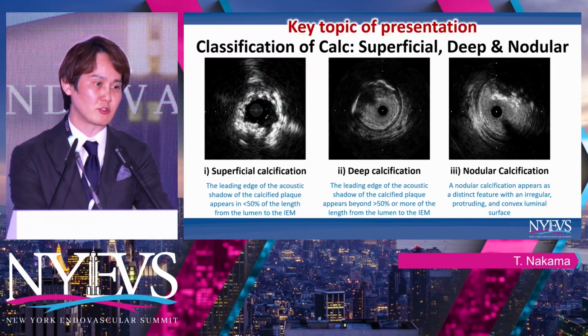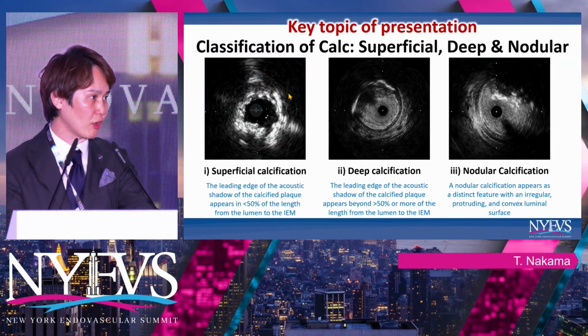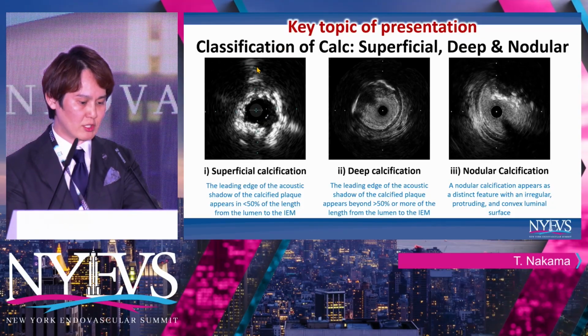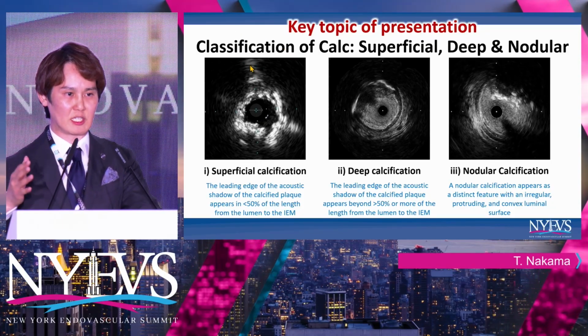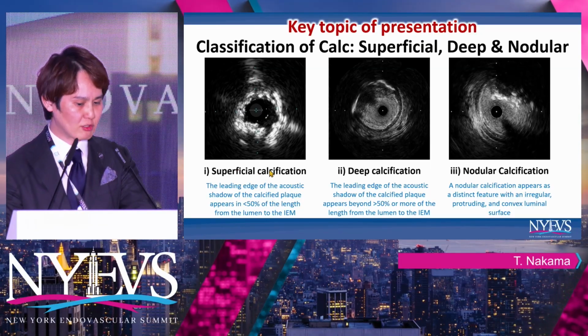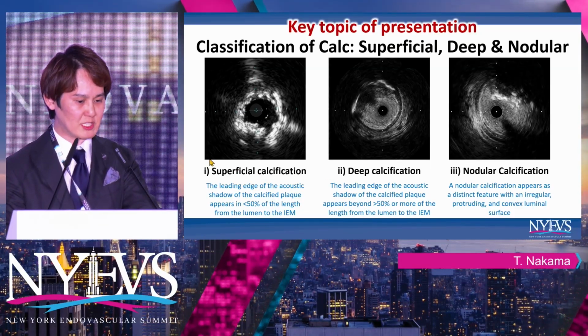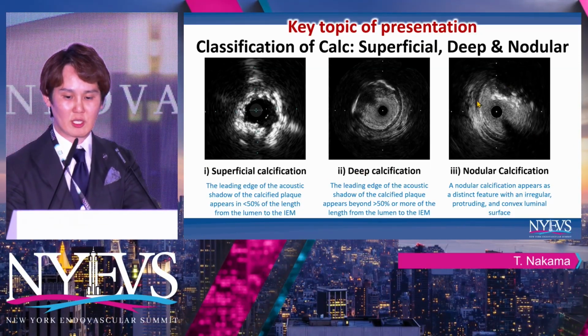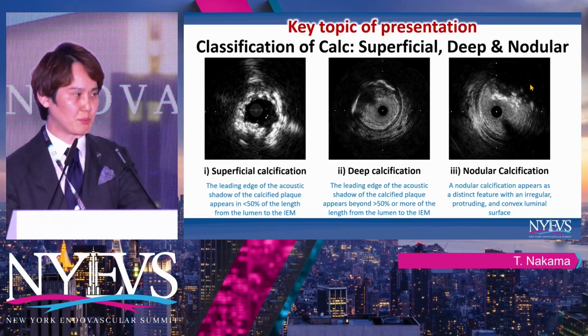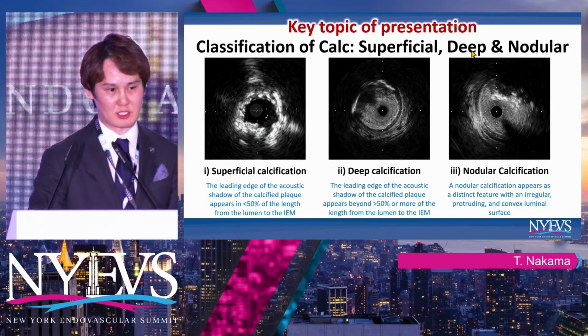Today, I'd like to introduce some of the data from our studies. As everybody knows, calcified plaque is classified into categories: superficial calcification and deep calcification, which are very easy to evaluate, and furthermore, nodular calcification. Presence of nodular calcification is also a very important finding in IVUS.